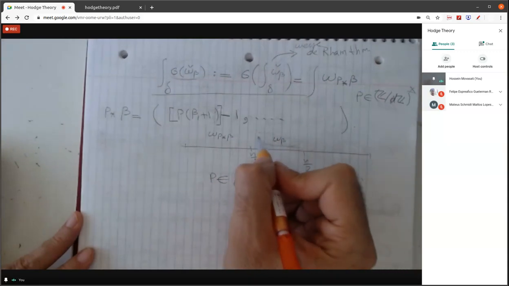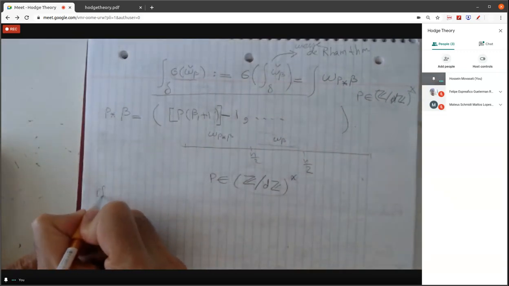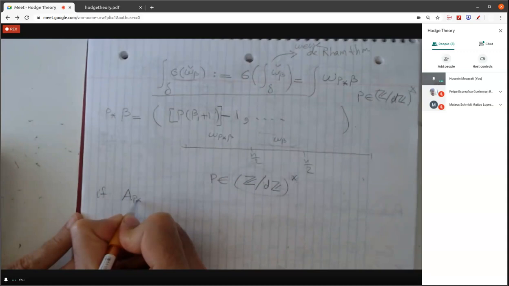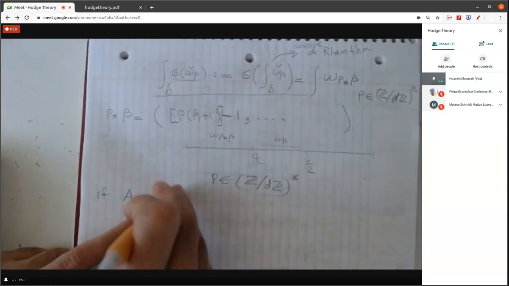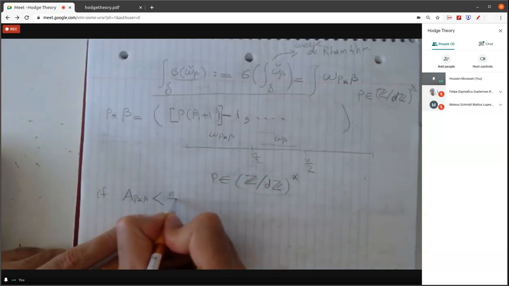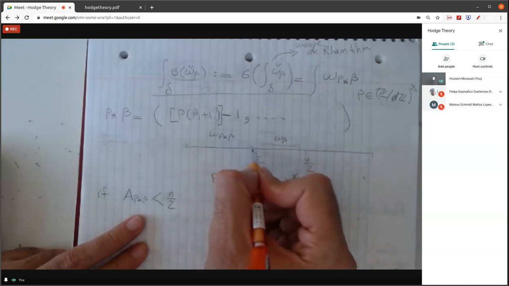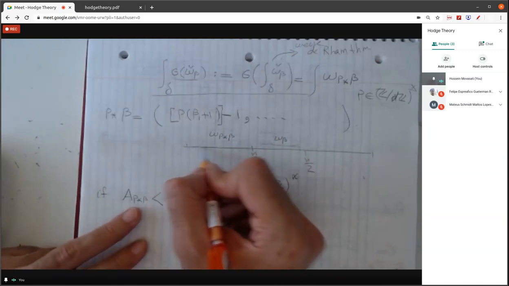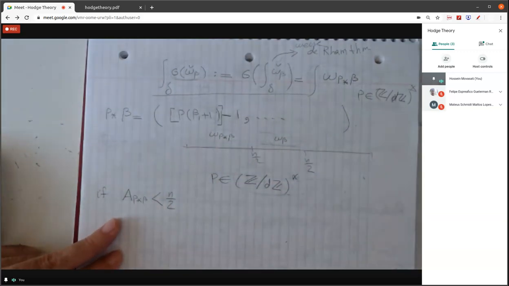If you do this action, and let me say in this way, if after this operation the p star beta falls here, then the integrals of our Hodge cycles here are 0, and then we are done. But what does this mean?